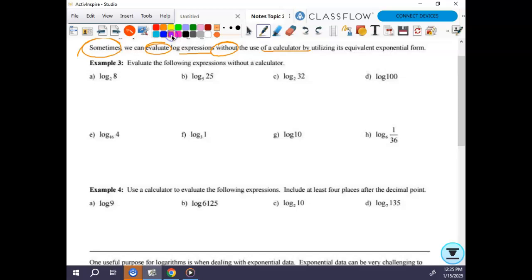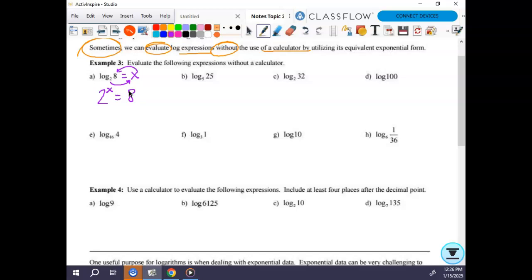Anytime I want to evaluate, I think it's a good idea to make it into an equation. It just makes it a little easier. So we'll make this equal x. Just set it equal to x so that you have something to use when you rewrite it. Then we're going to start by rewriting it just like we did on the other page. So the base is 2. I do 2 to the x power equals 8, right?